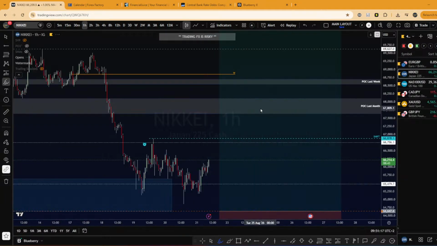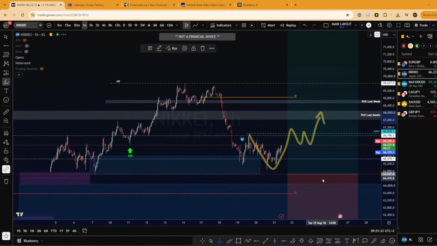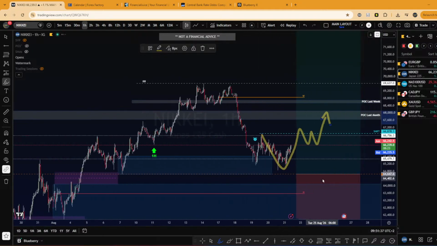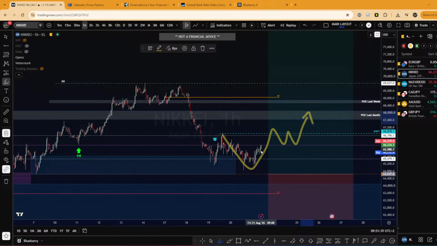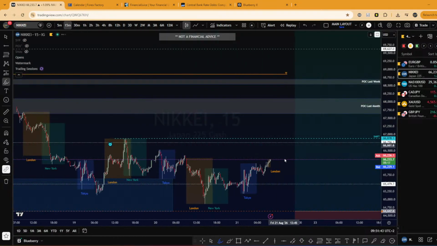So let's analyze the Nikkei. Nikkei, as I said, is on my yellow list that I find very interesting. So we could potentially have, maybe for next week, not necessarily today, a great potential to get back in again on a buy position. Very interesting. Otherwise, let me get into a lower time frame.